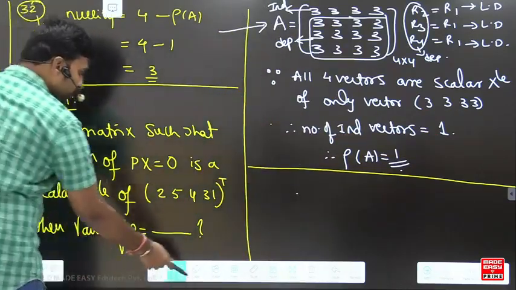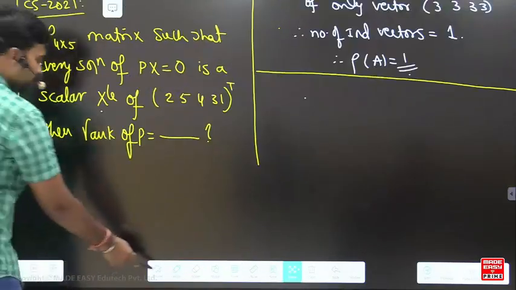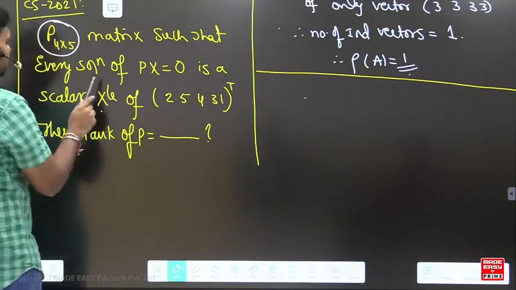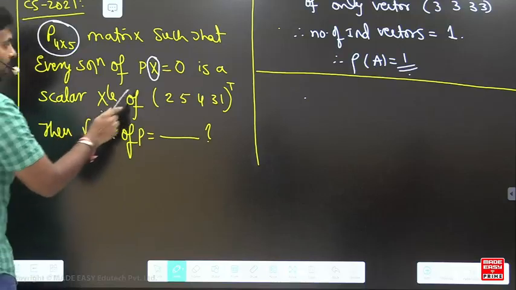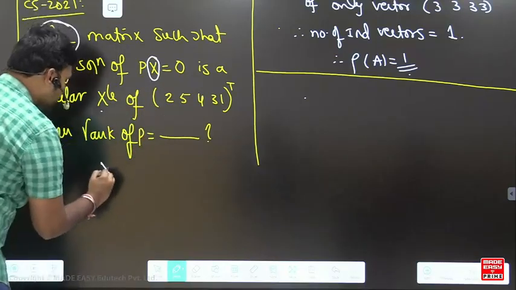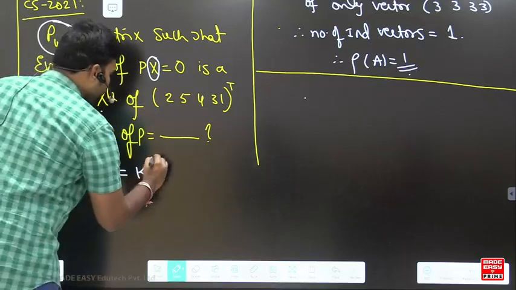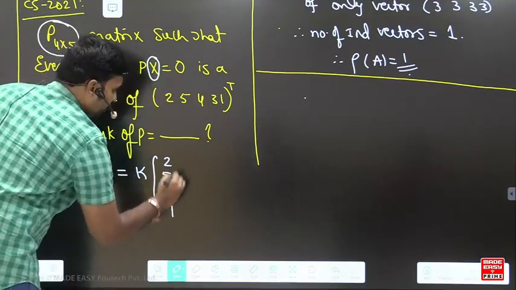Now in this question, you see that P is a 4 by 4 matrix such that every solution, that means here X, is a scalar multiple of only one vector, that is (2, 5, 4, 3, 1).